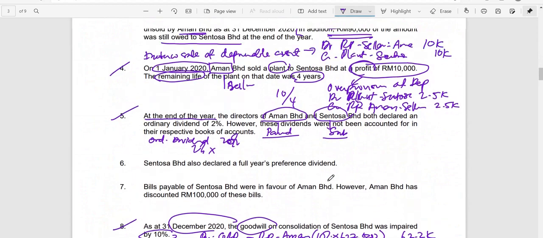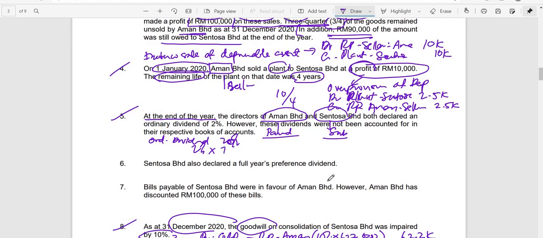No adjustment there. From 7 million, this would be 140,000. So this would be debited to the retained profit of the parent Aman, and credited to the ordinary dividend payable of Aman. How much? 140.